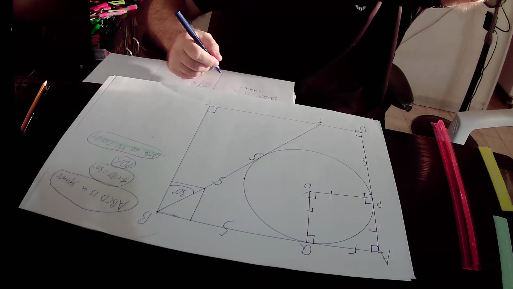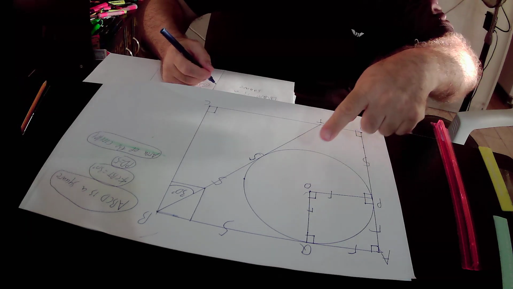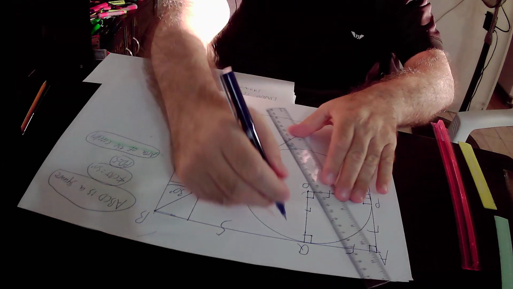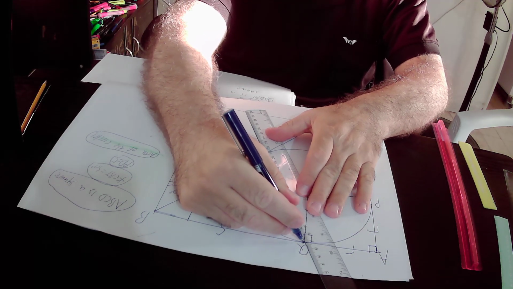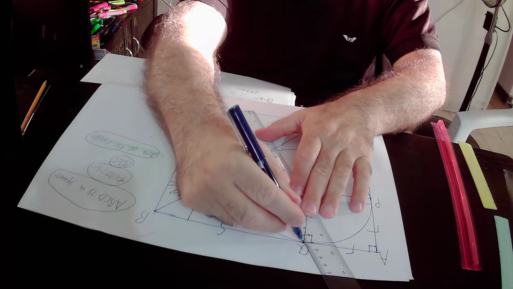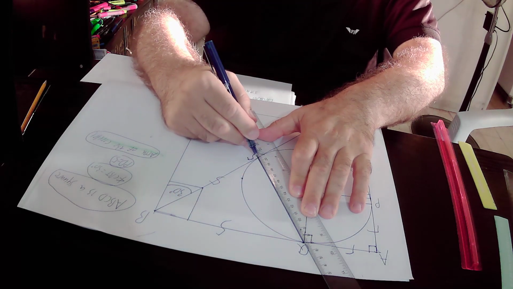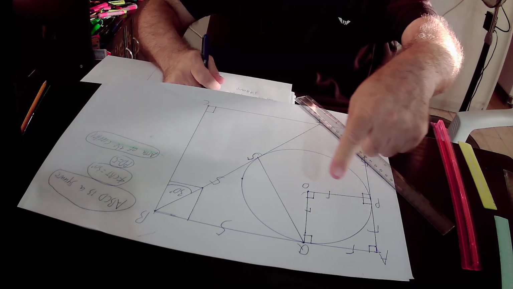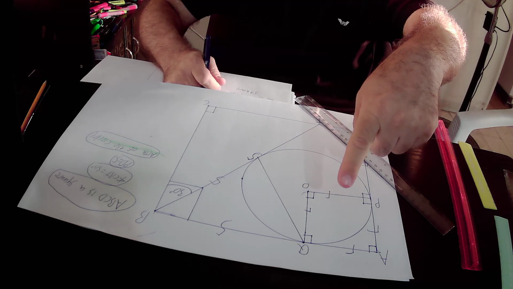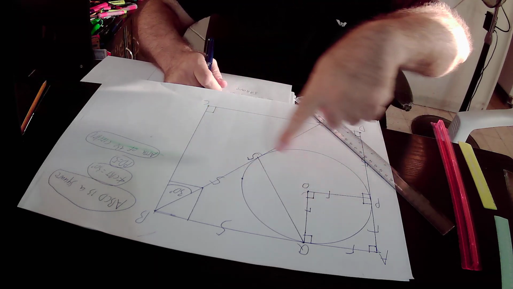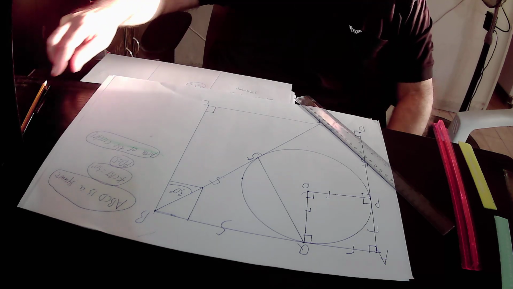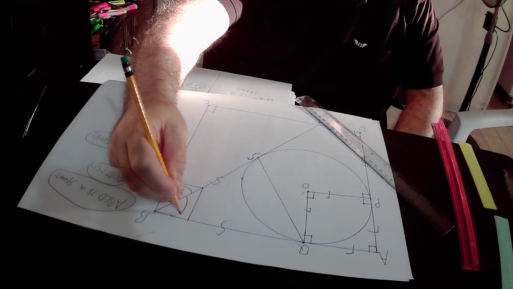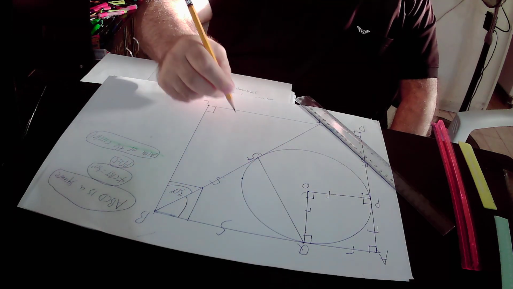In the next step, we will join points Q and S together by a straight line. By joining points Q and S, we created triangle BQS. What is the size of angle QBS?